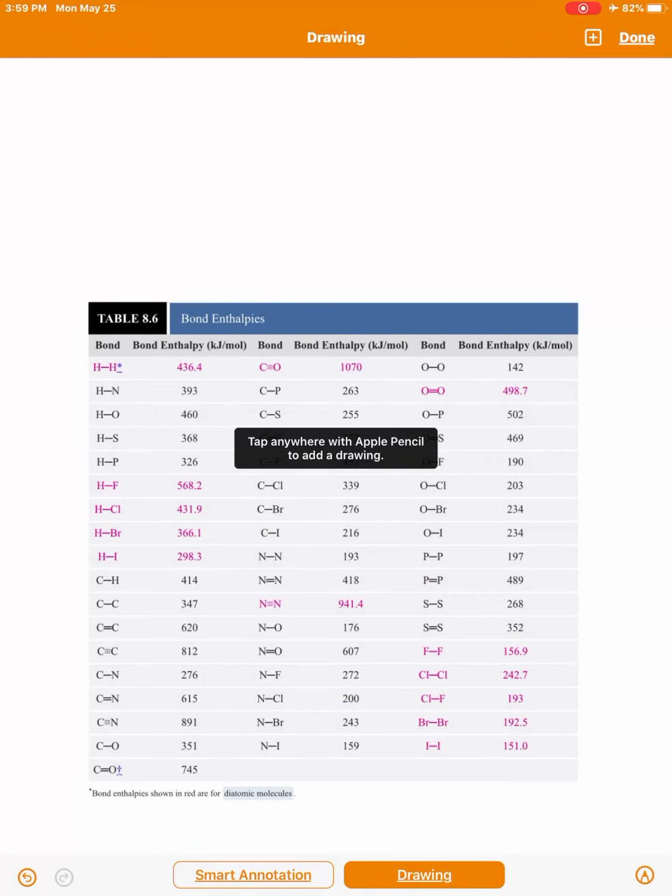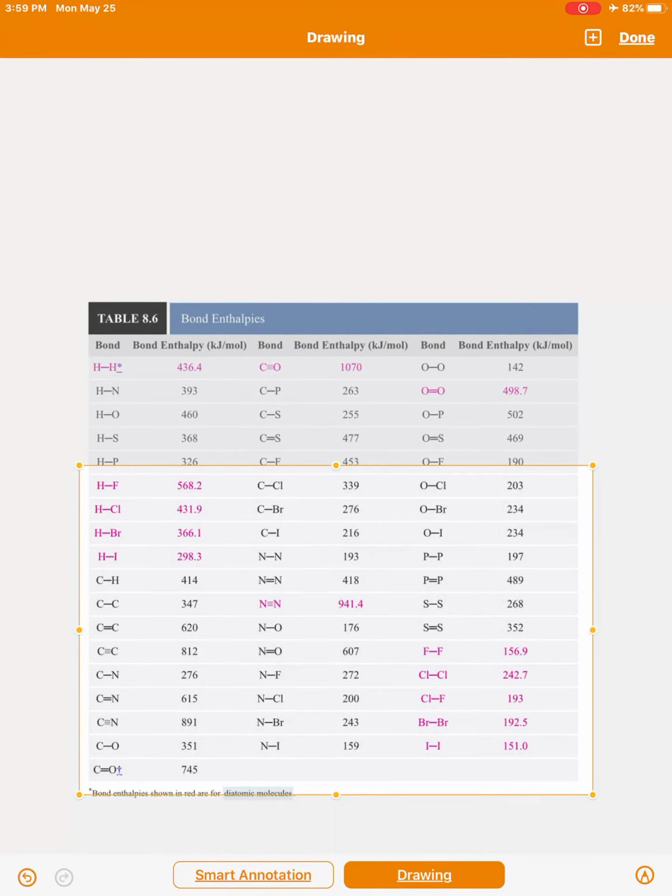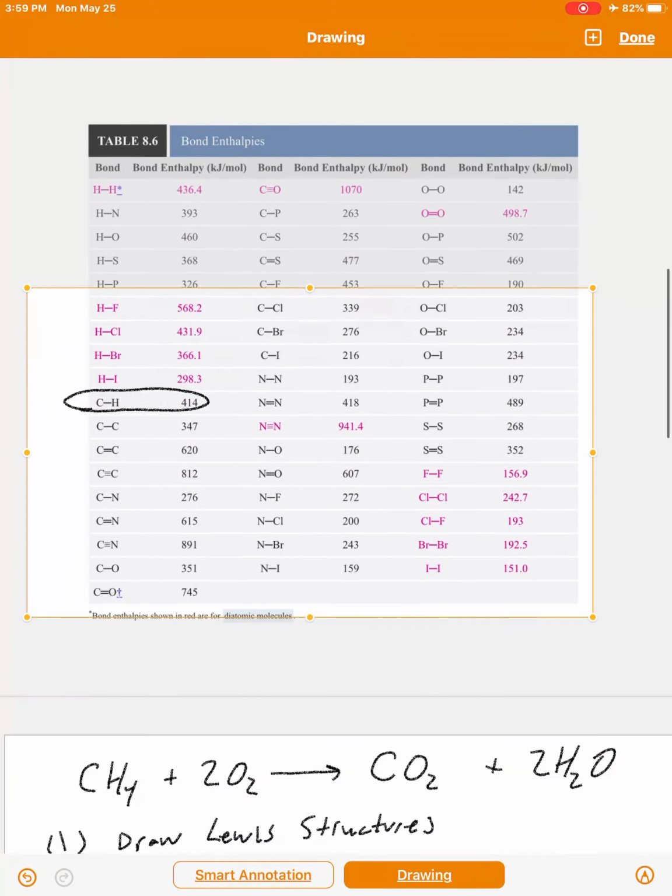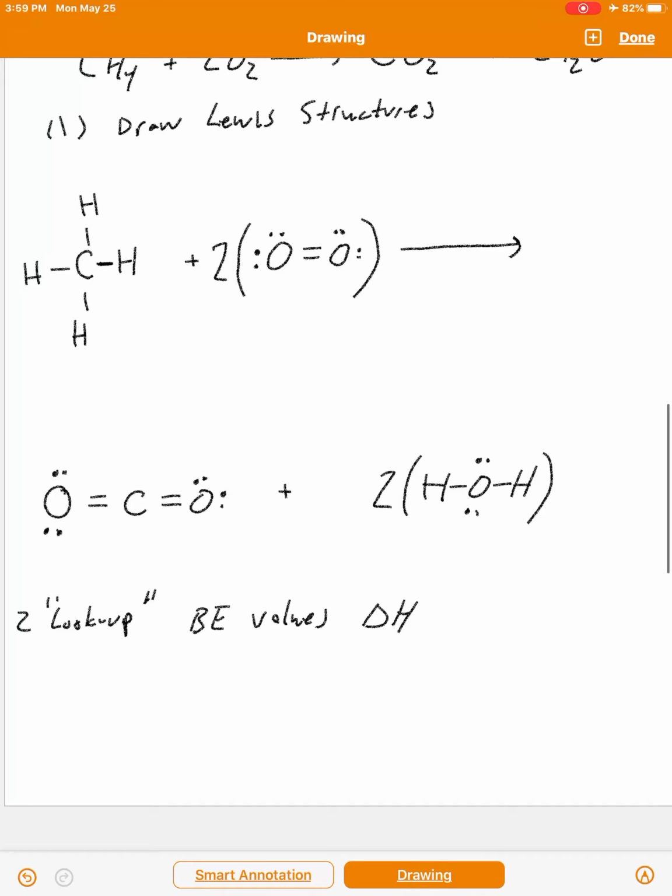CH is in the first column and is 414. So I'm going to write 414. And then I'm going to ask how many CH bonds are there? There's 1 there, 2, 3, 4. So I'm going to multiply that by 4.